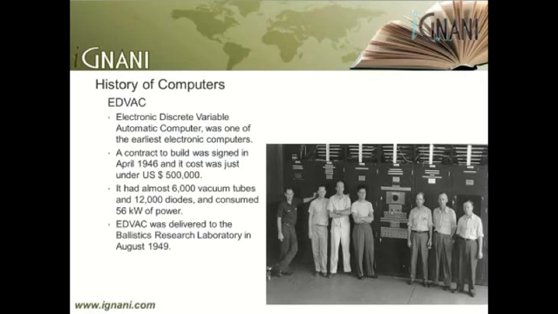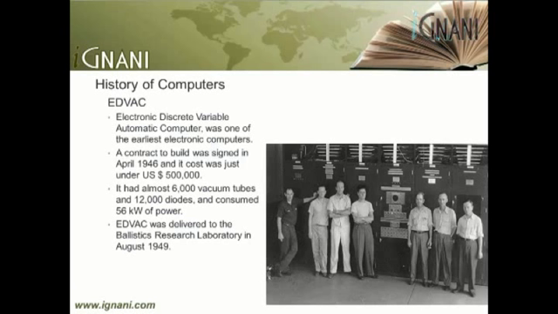EDVAC was delivered to the Ballistics Research Laboratory in August 1949. After a number of problems had been discovered and solved, the computer began operation in 1951, although only on a limited basis.